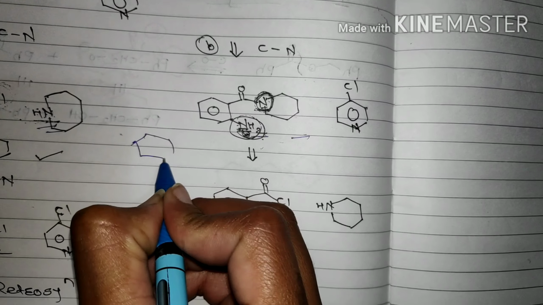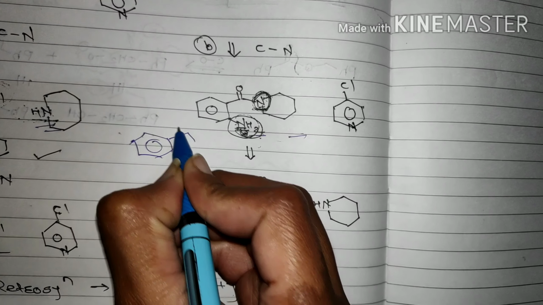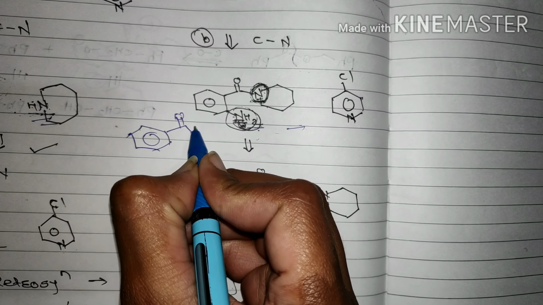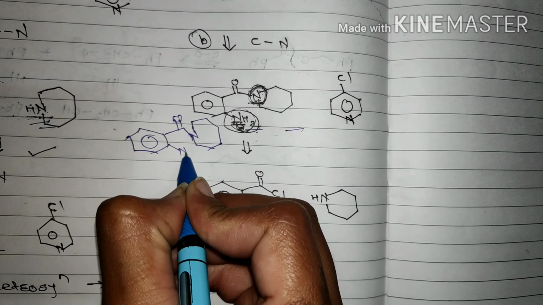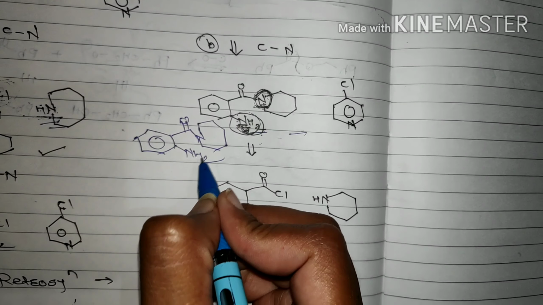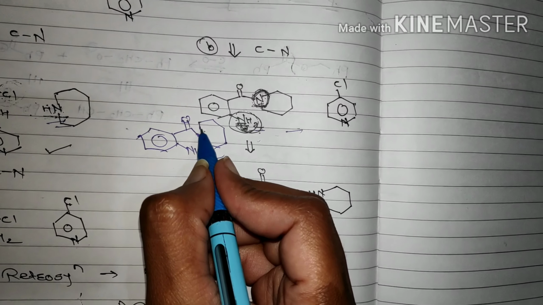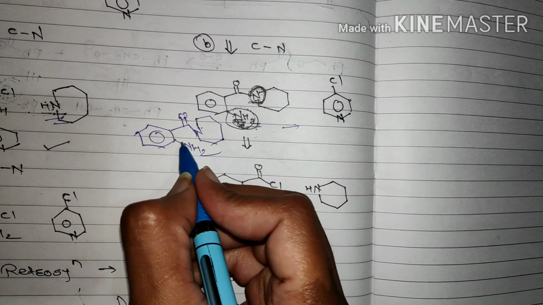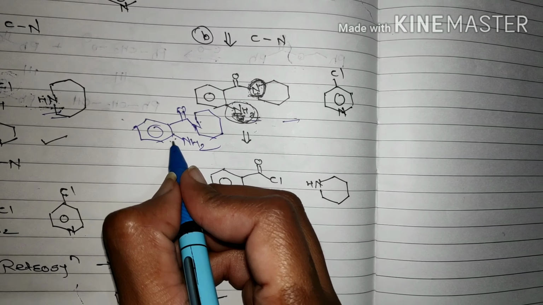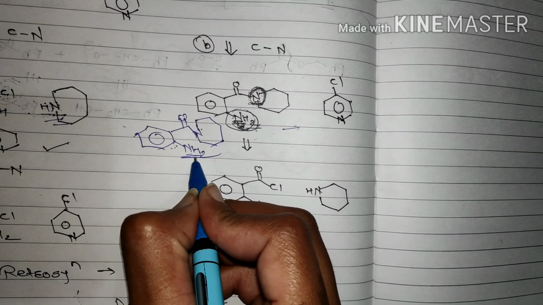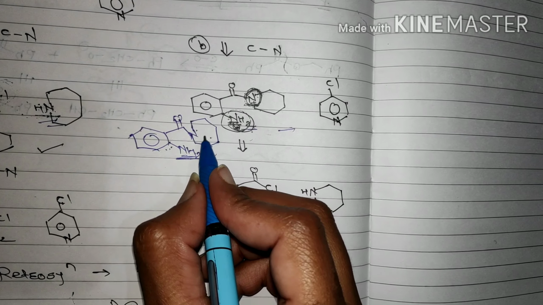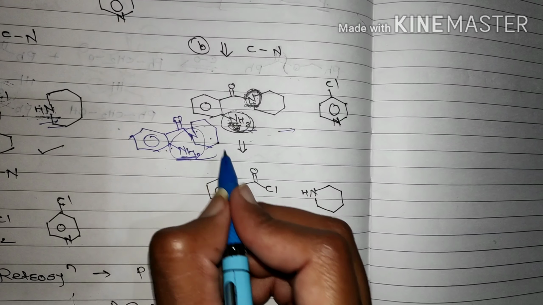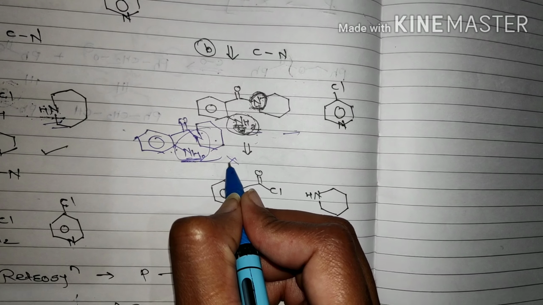This is the product. The primary amine has more tendency to form the amide as compared to the secondary amine, so it creates the problem. So it is not a correct route.